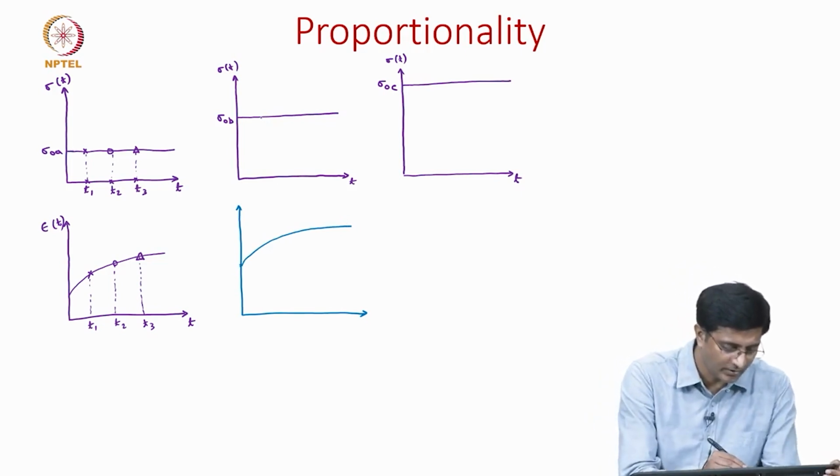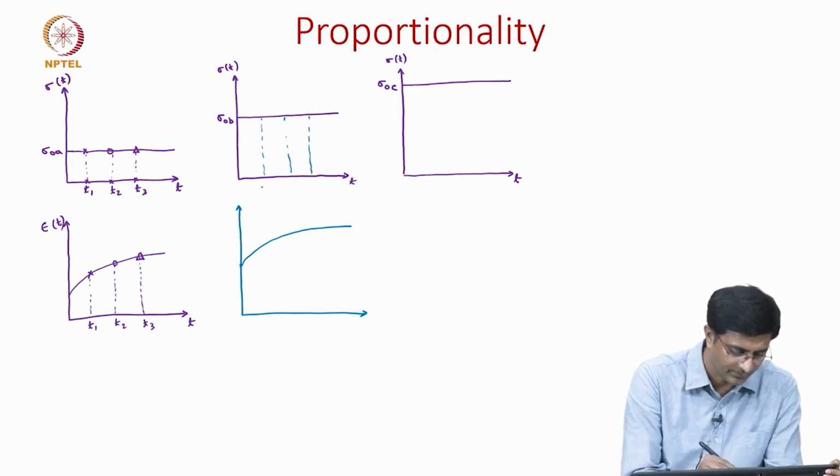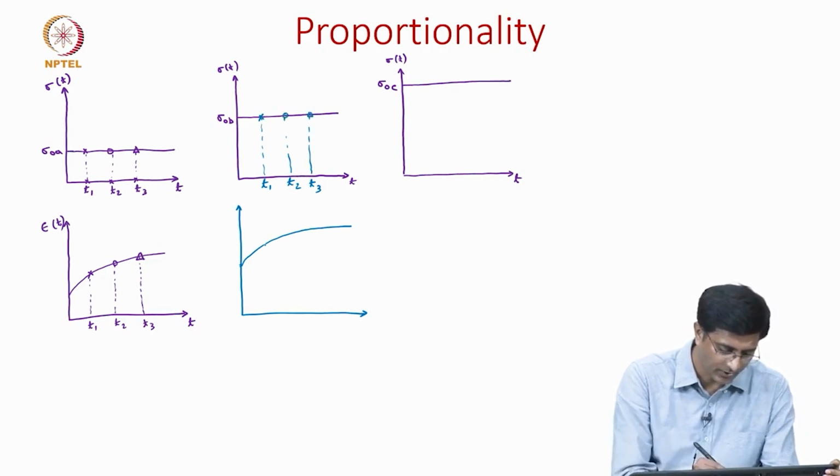So we are again looking at times t1, t2, t3, the same times. At time t1 we use an asterisk, circle, triangle, and the corresponding strain response at time t1, t2, t3.